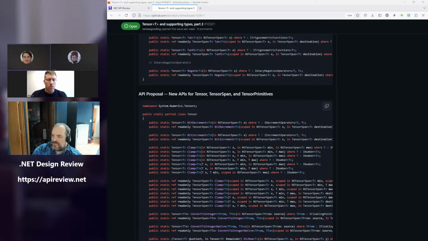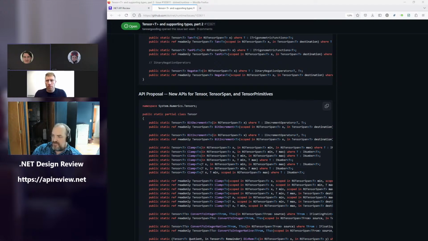These are ones where, going through the set of APIs, some of these are ones that we have exposed since the initial tensor primitives work. So like the convert to integer and convert to integer native, those are new in .NET 9, so they weren't included in the initial concept for tensor primitives in 8. Decrement and increment, those ones are convenience ones where the one is implied. They aren't strictly needed, but they do achieve parity with the generic math interfaces.